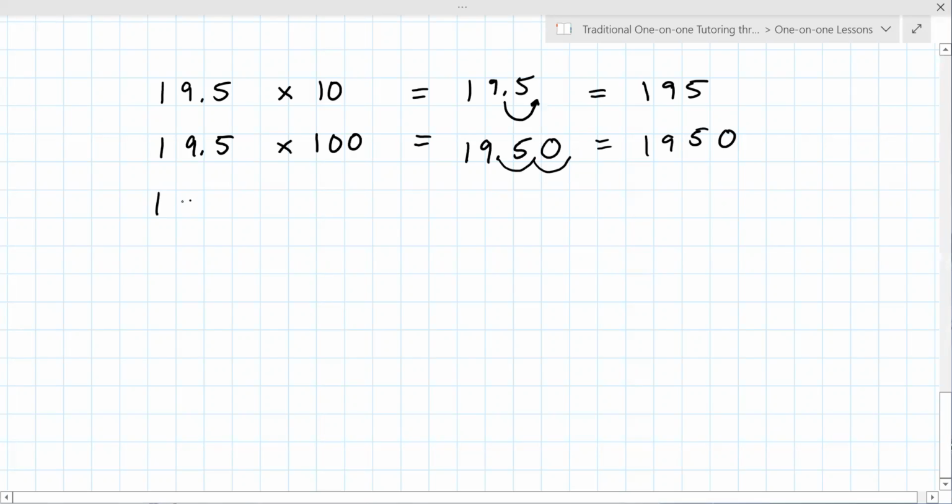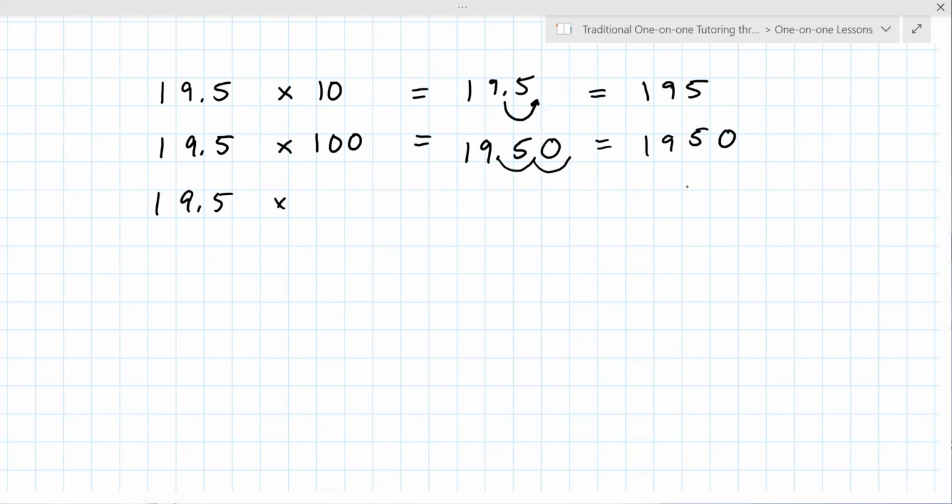How do you guys say this one? There's two ways. You can say one thousand nine hundred fifty, or you can say nineteen fifty. You can also just read the digits, but that's not completely correct.